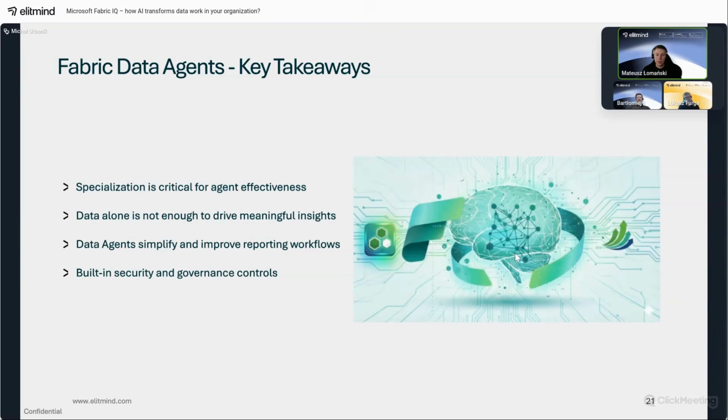We can rest assured the data is protected. And in a nutshell, Fabric Data Agents are the future of democratic data access in organizations. Through integration with ontology and AI capabilities, we can transform how people in the company work with data.